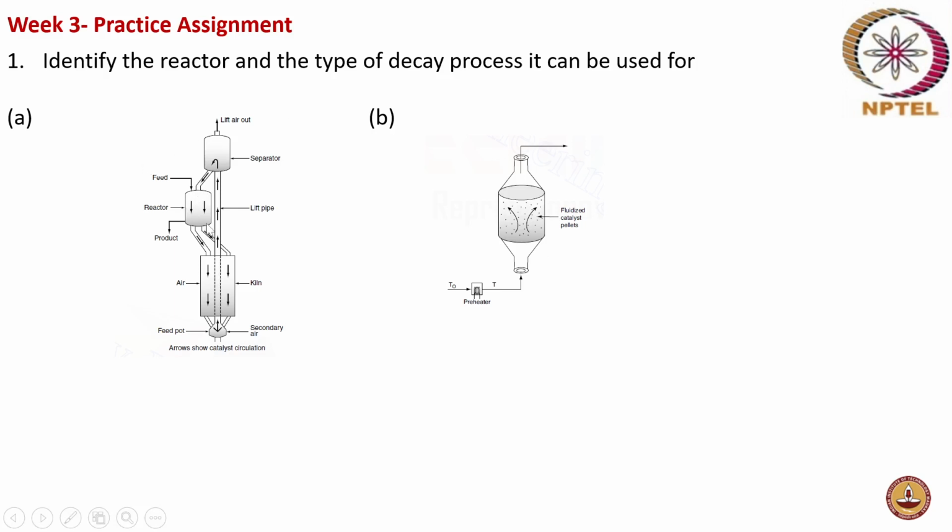This small portion is the reactor where the feed enters from the top and the product leaves from the bottom, and the catalyst moves from the reactor into a kiln where air is also passed through, and from there it is airlifted through a separator and fed back to the reactor.